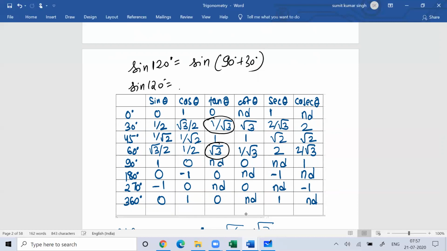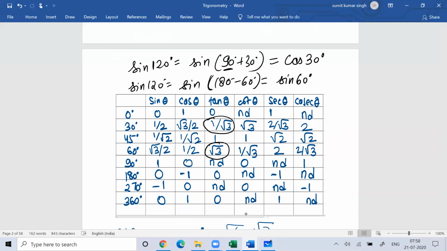You can write the same 120 degree as sine of 180 degree minus 60 degree. The same 120 degree you can also write as 90 plus 30. Whenever you convert in the form of 90, it will become cos, and if you convert in the form of 180, it will remain as sine.